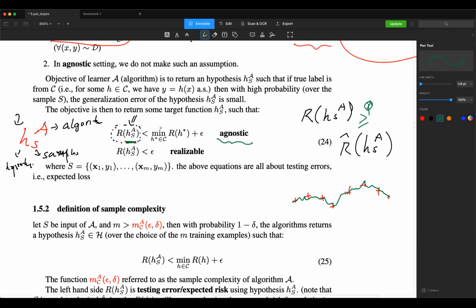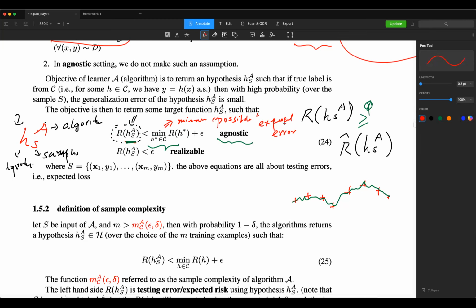That expected error is the minimum possible expected error, the minimum possible expected error in the class, plus some kind of epsilon.